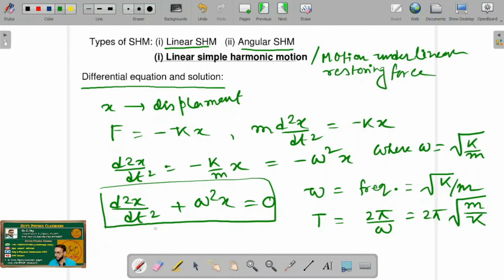So this is the differential equation for linear SHM, simple harmonic motion.